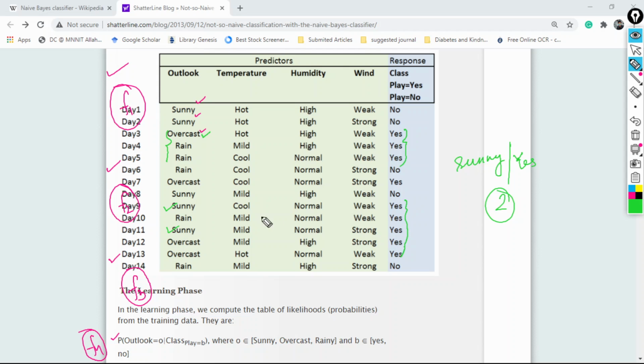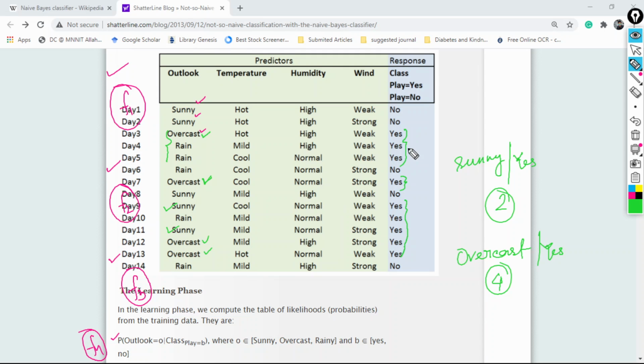We have total class level yes, overcast, I think we forgot another one. Yes, total 4. So overcast is 4.